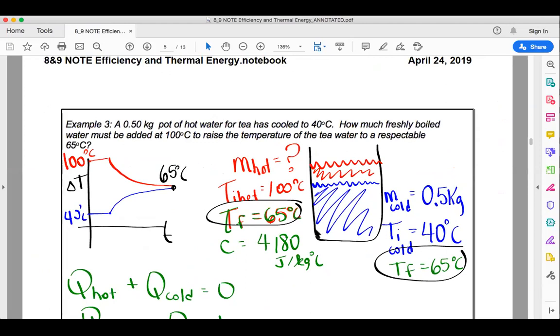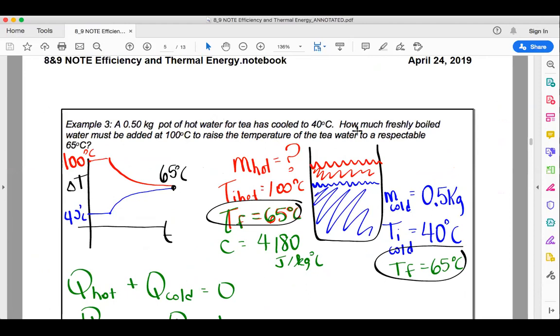I'm going to draw a container. It's not going to be a teapot because I cannot draw. We're going to fill up this beaker with the mass of our cold water, 0.5 kilograms, that's too cold at 40 degrees Celsius. Nobody drinks tea at 40 degrees. We want to bring that up to a final temperature of 65 degrees Celsius.